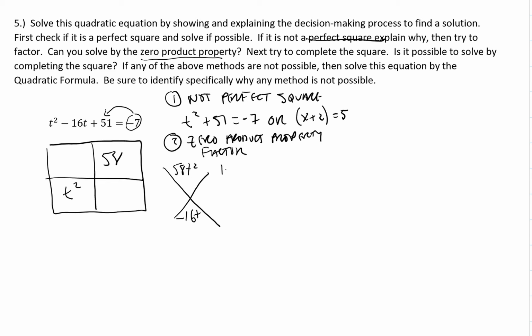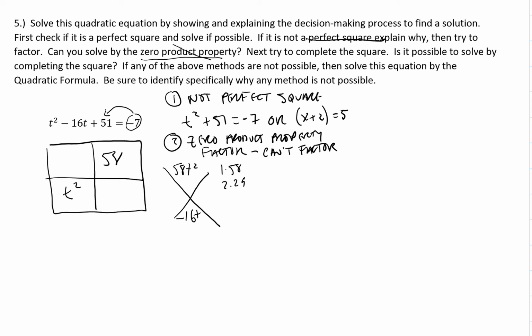When I start looking at my factors, 1 times 58, 2 times 29, there's no other factors that go into 58. So this can't happen. So I can't factor.